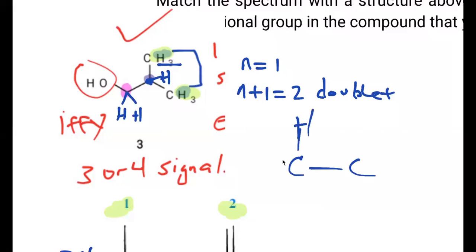If I got two carbons next door to one another, the only thing that matters for this hydrogen is what's over here on the carbon next door. So when you're looking at the splitting pattern or the multiplicity, you're looking at what's adjacent to the proton you're looking at.